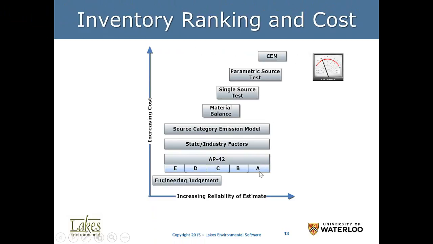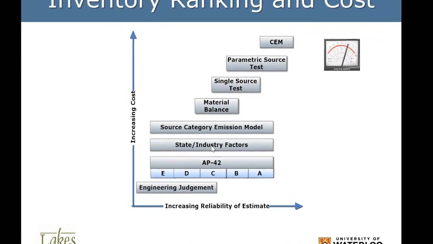Some of the methods that were developed apply to such a broad category of emitters that they are not very reliable. Each one of the emitter types will have different reliability on the results. So if you are very specific to a process, the reliability will go to A. If it is more generic, it will stay at E. We also have state and industry factors.